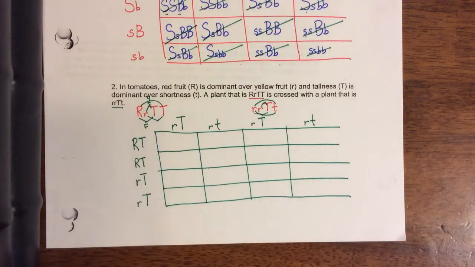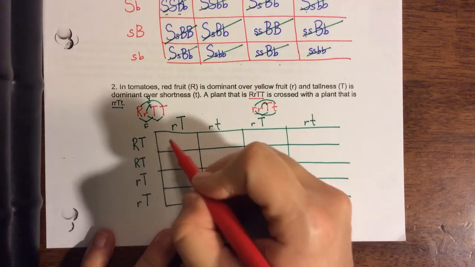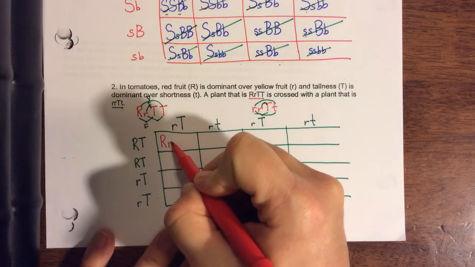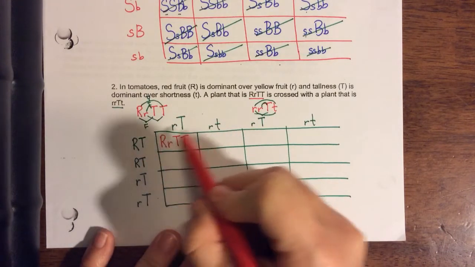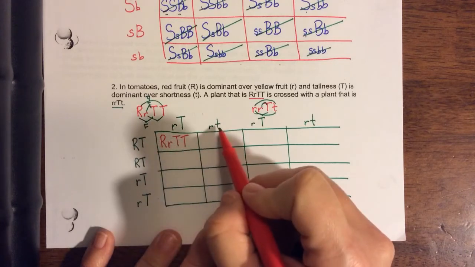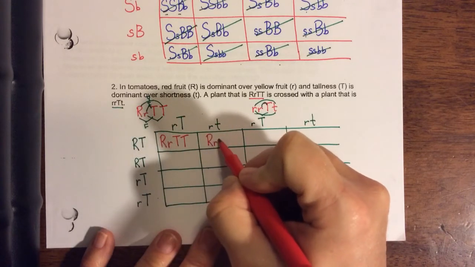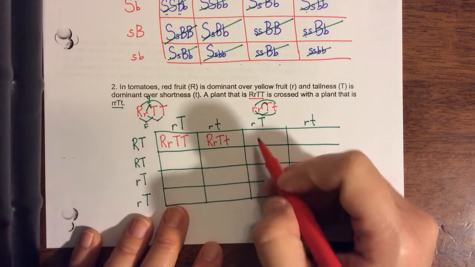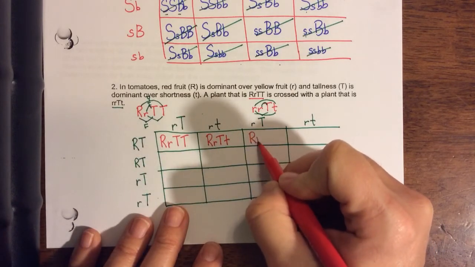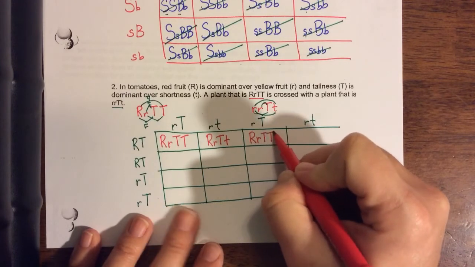All right, so when we do it again, we put our R's before our T's and our capitals before the lowercase. So first our R's: big R, little r, and then we have two big T's here. And this is big R, big T, little t. So big R, big T, little t. And this one, if I drag this R over, it's a big R, and this coming down is a little r, and these are two big T's.